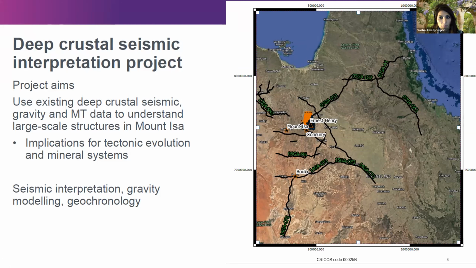In this map, I still kept Ernest-Henry and the MT data that Max has used. But there are a few seismic lines you can see here that have been a part of this project, and the aim is that they use the seismic, gravity and MT data to understand the larger scale structure underneath Mount Isa.